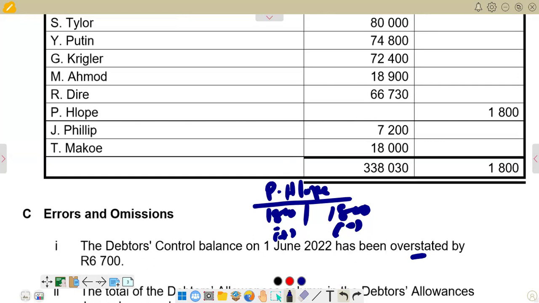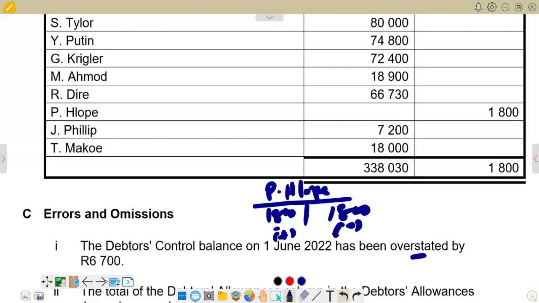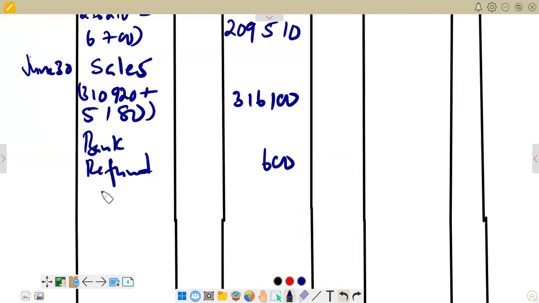So we come here on the other section and take the figure that we are given as our journal debits, 1,820, and then we are going to add that 1,800. So here we come on the other section. So we are saying journal debits, and then obviously we are going to summarize the workings whereby we're saying 1,820 is the figure in the question, and then we add the 1,800.